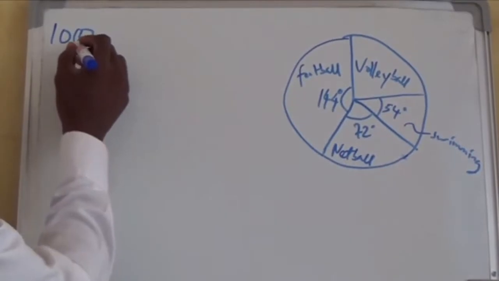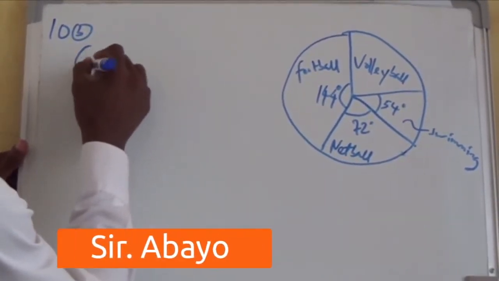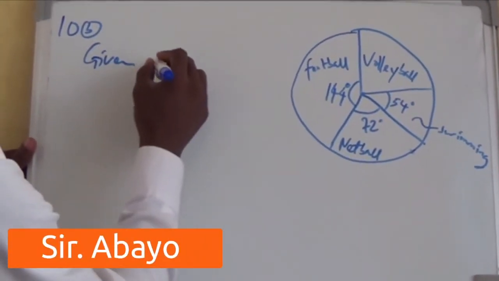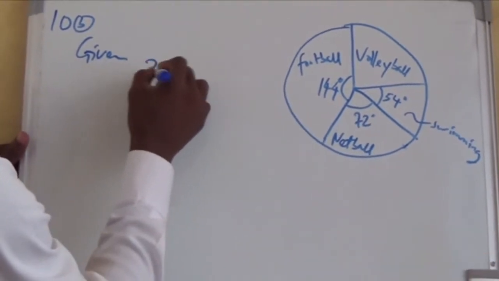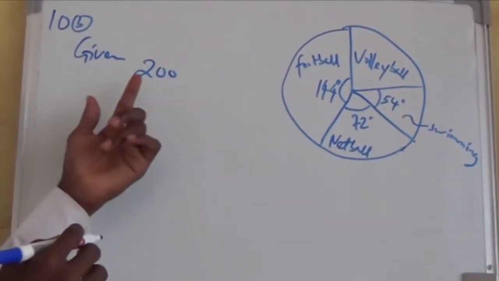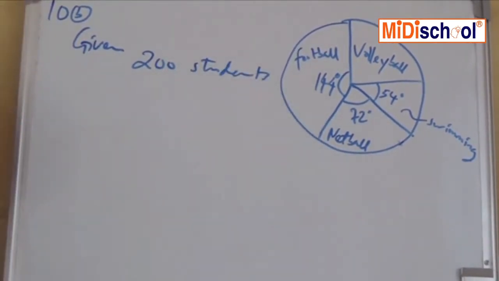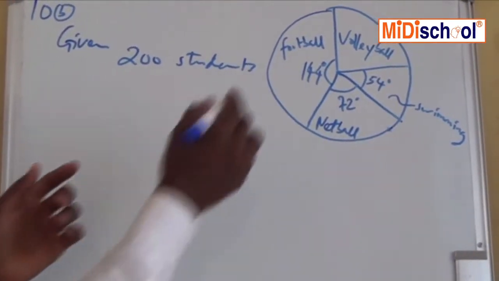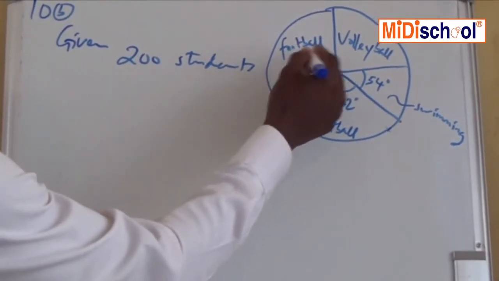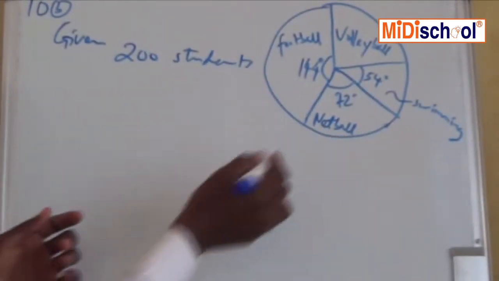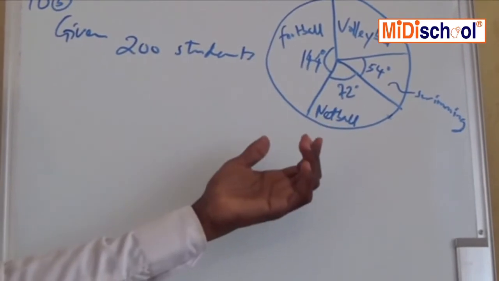So it's question number 10 part B, and we are given a number of 200 students who were selected to participate in football, volleyball, swimming and netball, these sport games, right?